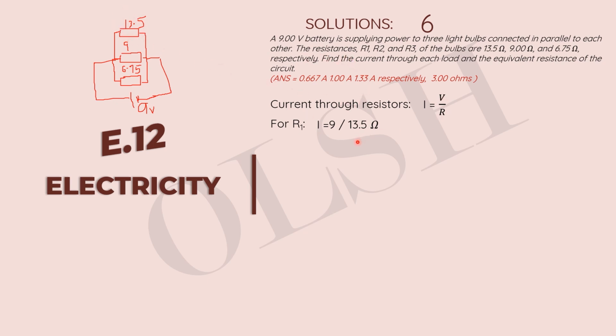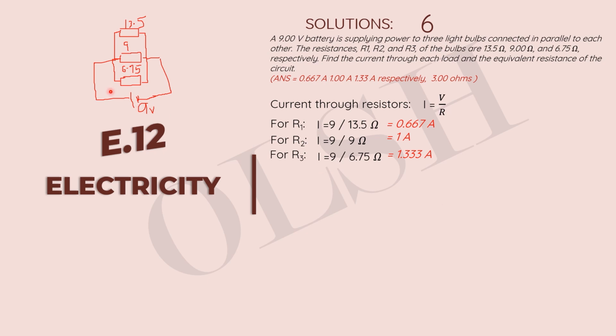If we solve that, we're going to have 0.667 amps. For R2 we have the same voltage but a different resistance. So 9 divided by 9 ohms, we have 1 amp. For R3 we have 9 volts divided by 6.75, which gives us 1.33 amps.